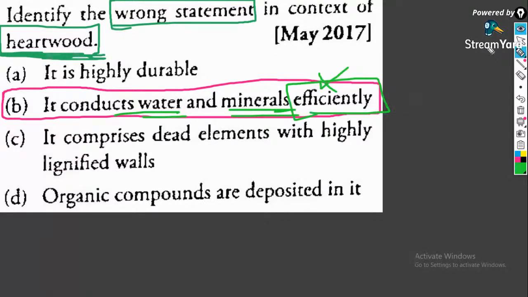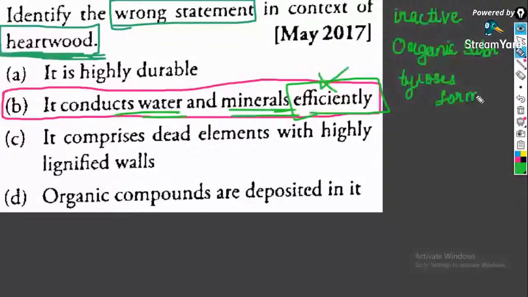Hardwood is physiologically inactive due to the deposition of certain organic substances and tyloses formation. A question regarding this is coming next. In the 2 to 3 questions, we'll experience this question also, about the tyloses formation.